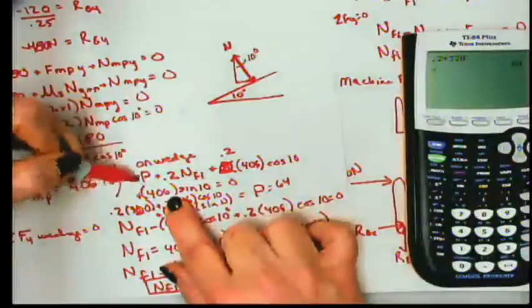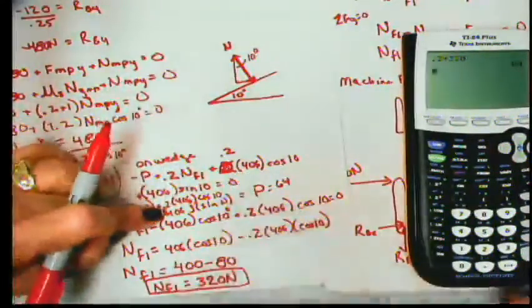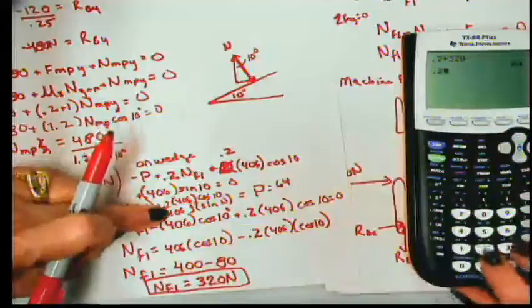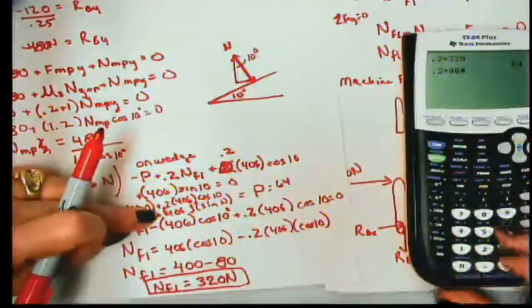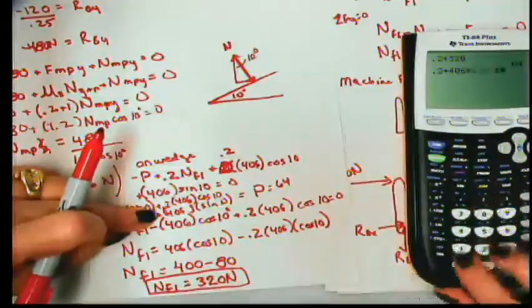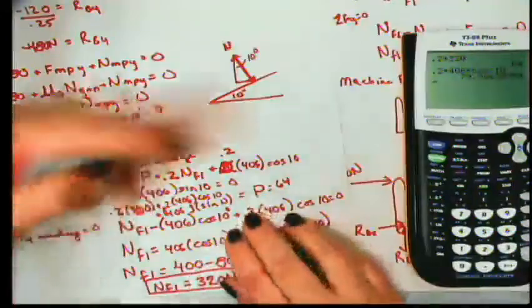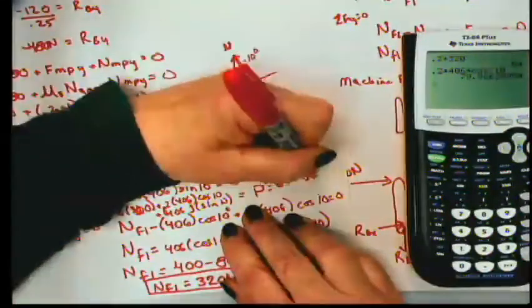Make sure I got all my signs correct. This is plus, yes. 0.2 times 406 times the cosine of 10. That value is 80 plus 80.